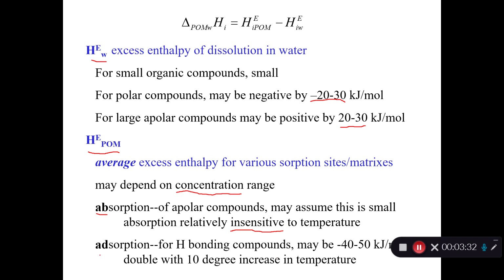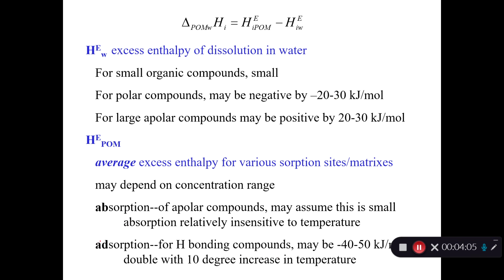For adsorption onto a 2D surface, for very hydrogen bonding compounds, that could be quite a favorable process. So this could be negative by 40 or 50 kilojoules per mole. But again, you have to remember that for these very polar hydrogen bonding compounds, the HEW was already negative by 20 or 30 kilojoules per mole. So when you subtract one from the other, you're still talking about a pretty small change with respect to temperature.